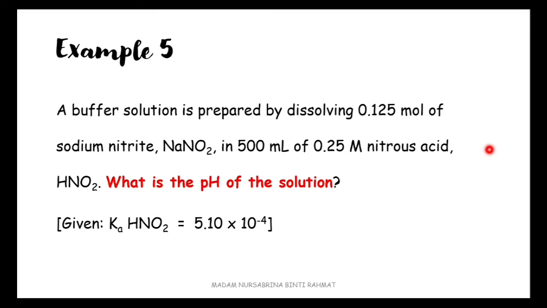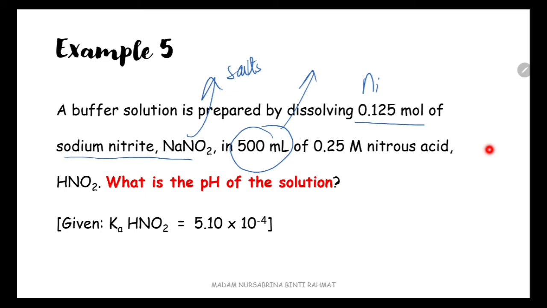I have this first example, in which I prepare a buffer solution made up of 0.125 moles of sodium nitrite. So this is my salt. Label it, this is the n initial. This 500 milliliter is the final volume, and 0.25 molar is the concentration of my weak acid.